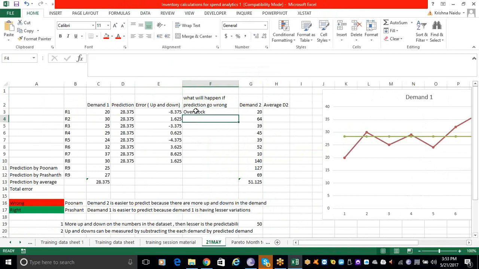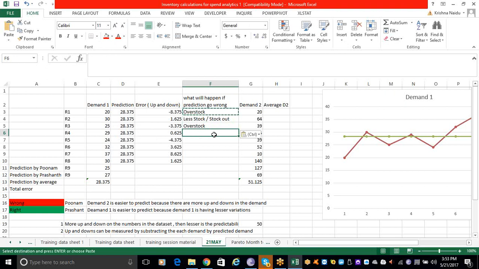Am I right? What will happen if the demand is 30 and the prediction is 28? Less stock or stock out. Third scenario, if the demand is 25 and the prediction is 28, again this is overstock, higher inventory.